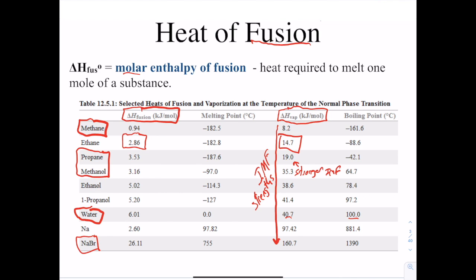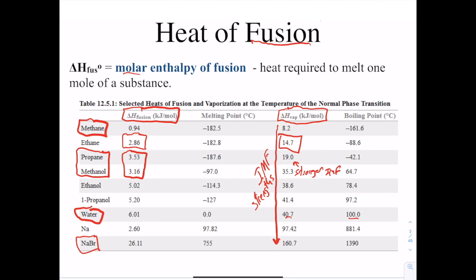The intermolecular forces are stronger in methanol than they are in propane, and that's reflected in the enthalpy of vaporization being higher. But methanol has a lower heat of fusion than does propane. So the trend is not reflected in the enthalpy of fusion values.